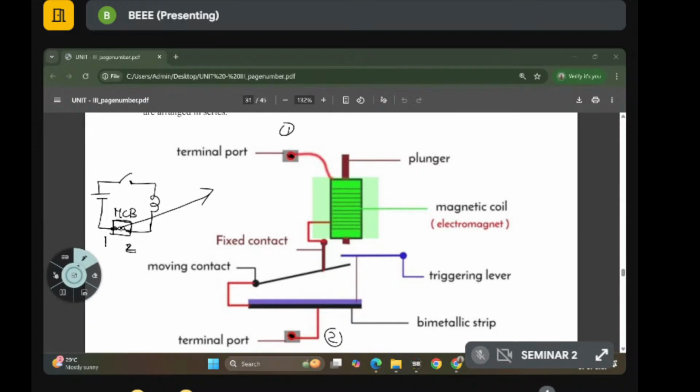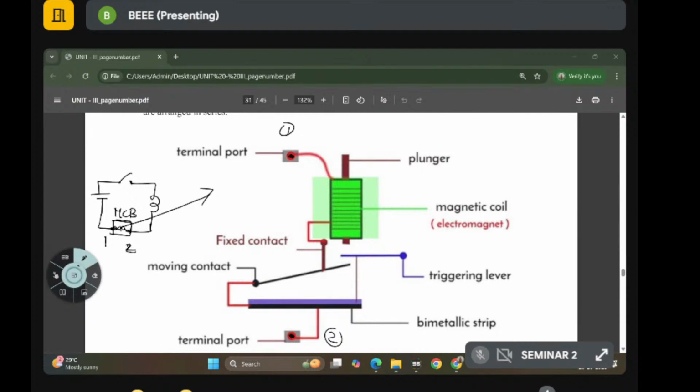If you break open the MCB, it consists of different elements: terminals, a fixed coil, a fixed terminal.